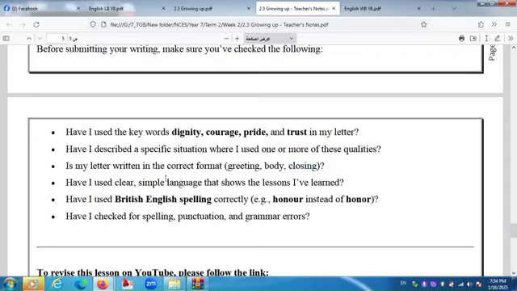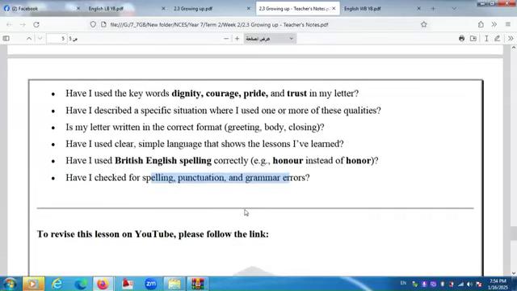I used clear, simple language to show the lesson I've learned. I used the correct spelling, okay? Honor instead of honour in the British way. And I checked the spelling, punctuation, and grammar errors.